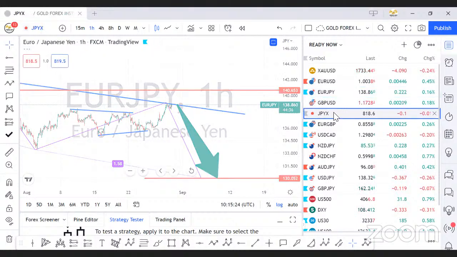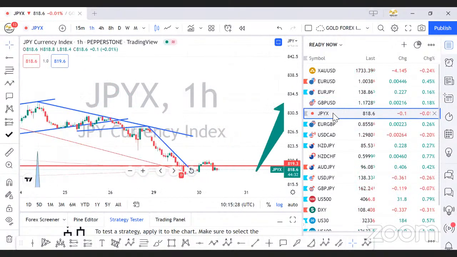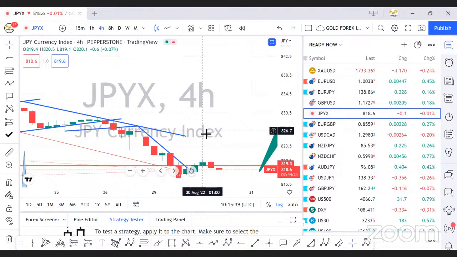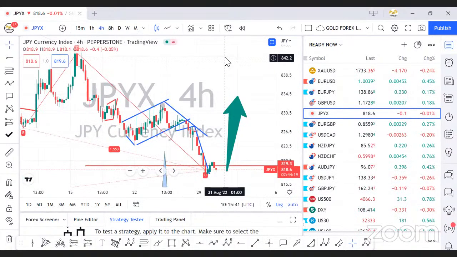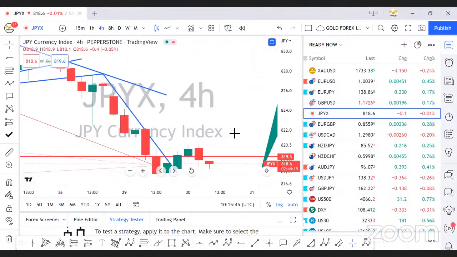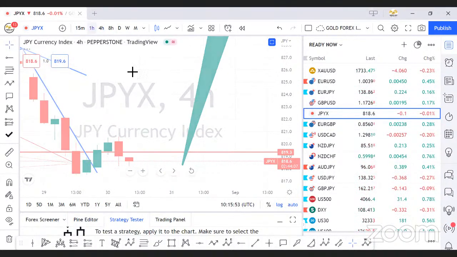It all depends on what would happen with the yen index. The yen index is very tricky. So I'm just hoping to see what's going to happen with this beast over here. So this beast, what happened was that maybe we should call this one an inside candle. Then it went up. I think there was some sort of divergence.